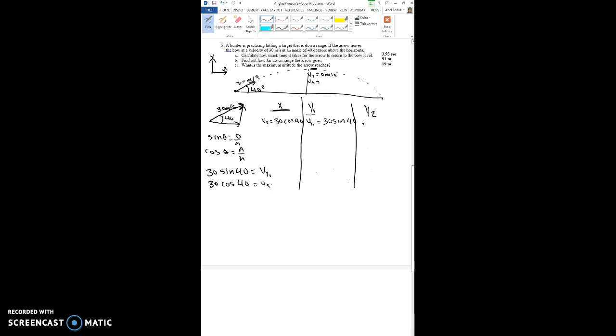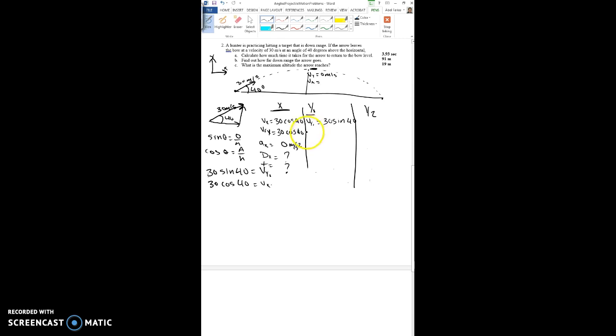The final velocity in the x is the same, 30 cosine of 40, since there's no acceleration, so the acceleration in the x is 0 meters per second squared. The distance traveled in the x is unknown, and we do not know the time.